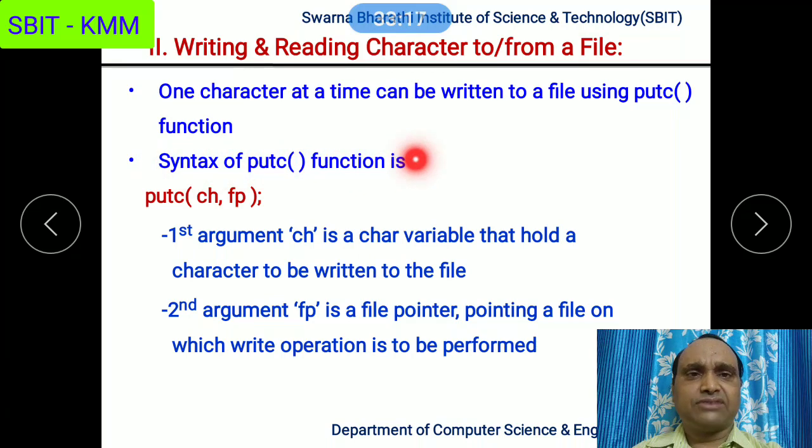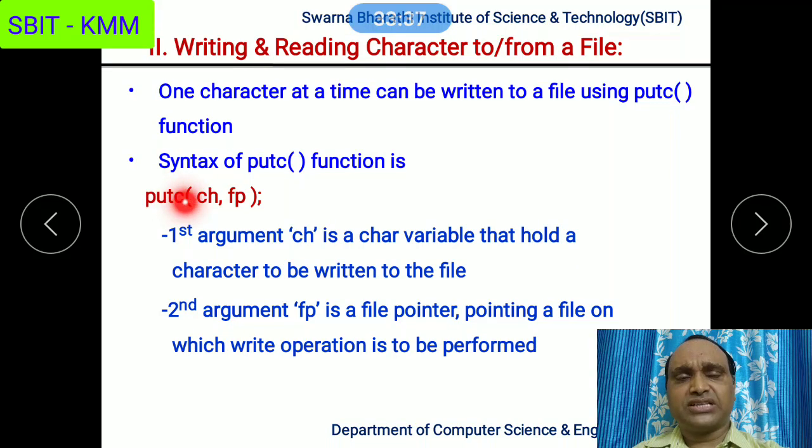What is the syntax of this putc function? The putc function syntax is very simple. It takes two arguments. The first argument is a character type variable ch. The second argument is a file pointer, which is pointing to the file on which we are performing the write operation.